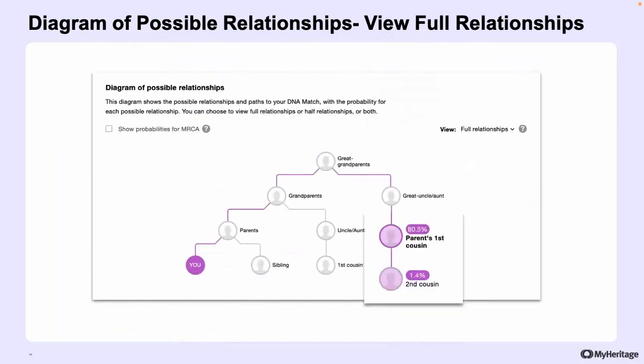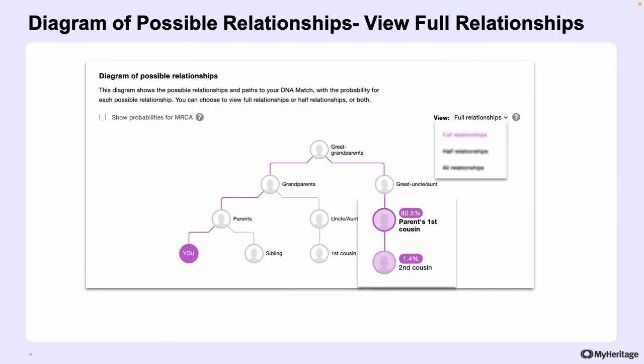So you can see here that I have the same possible relationships, the parent's first cousin and second cousin, and the parent's first cousin, which is the most probable relationship, is marked in bold. You can see that the path, the purple lines, goes through that, and I can see that the common ancestor I'm going through to my parents' first cousin will be my great-grandparents.